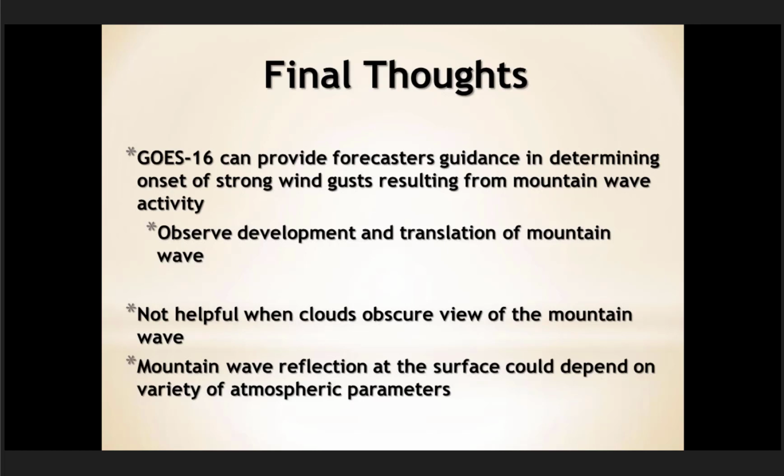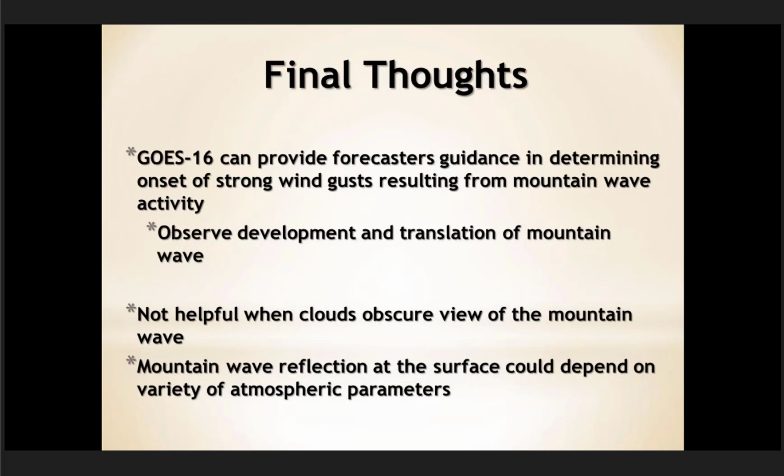So some final thoughts. Again, hopefully in the future, GOES 16 can provide forecasters some guidance in determining the onset of stronger wind gusts at the surface resulting from mountain wave activity. There are obviously some negatives. You can't see these mountain waves if there's other clouds in the vicinity to obscure the view of the mountain wave.